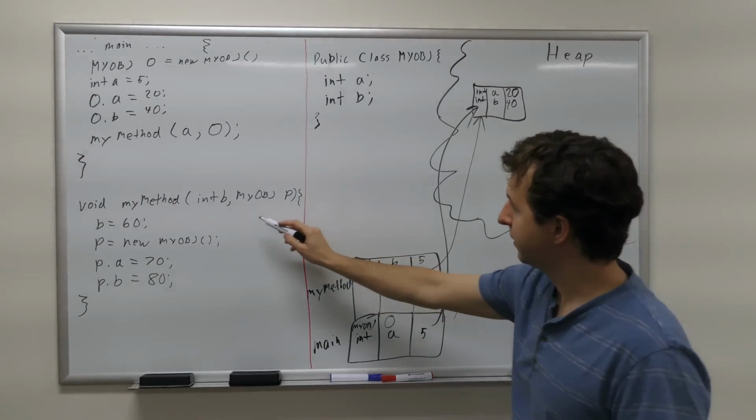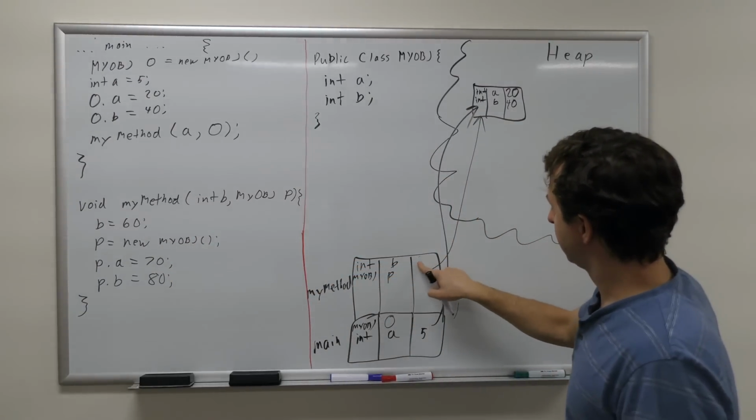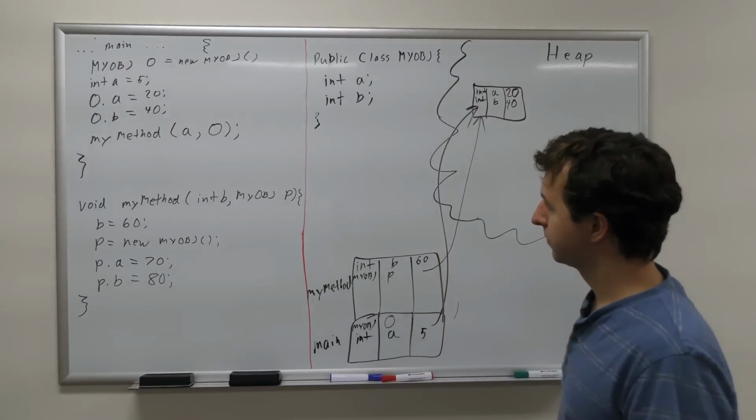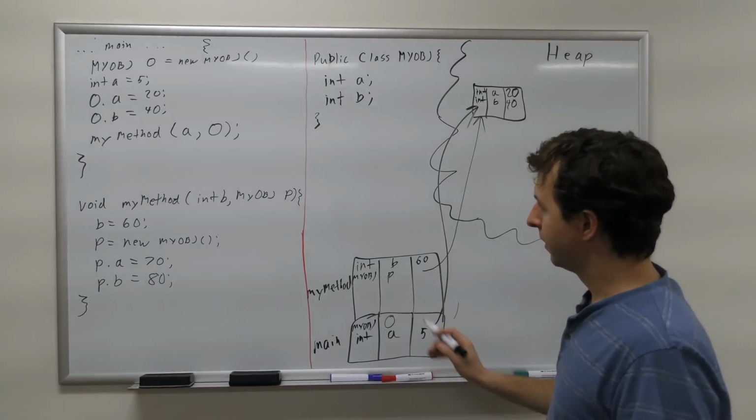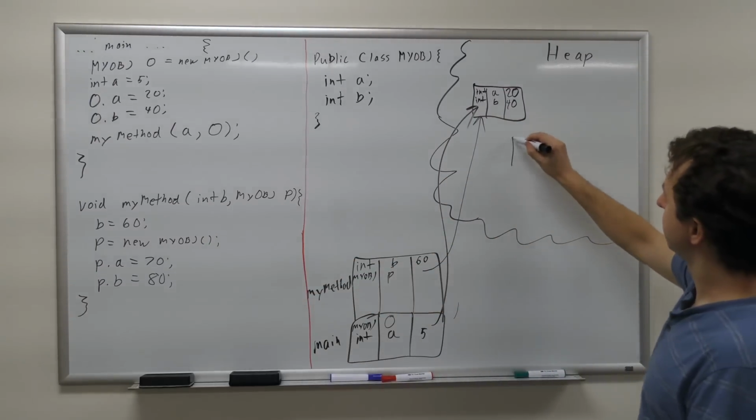Now, the first thing that this method does is assign B 60. Fair enough.